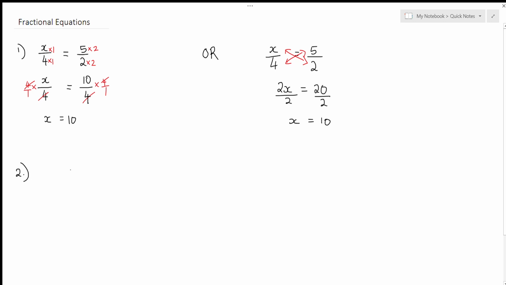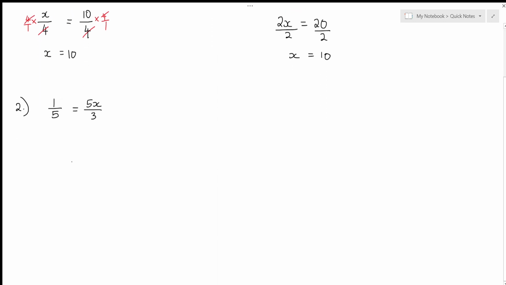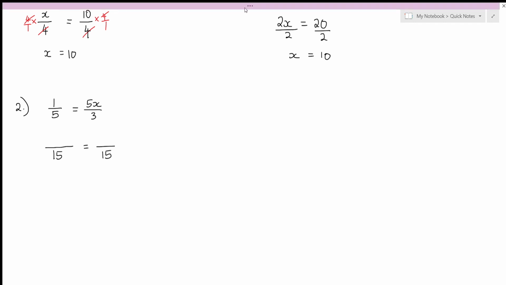Number 2, we have 1 over 5 equal to 5x over 3. Now, looking at this particular example, we're going to look at our denominators of 5 and 3, and the lowest common denominator would be 15. And on the right-hand side, we have 15.